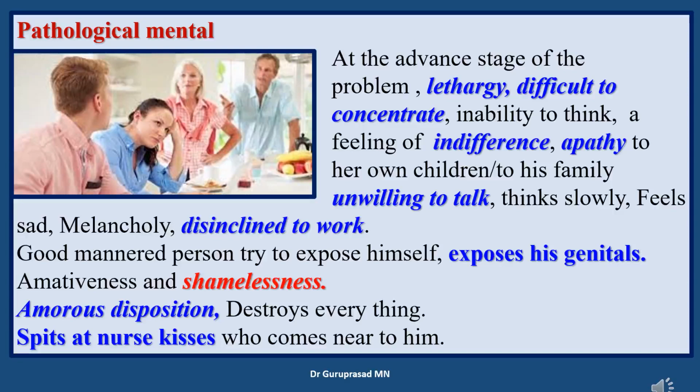They'll destroy everything. Sometimes he'll spit at others. A patient may kiss the nurse who comes near him. He'll start crying and may do involuntary laughing. All these are the mental states due to certain parts of his life, due to various reasons. This is called altered mental symptoms or pathological mental symptoms of Phosphorus.